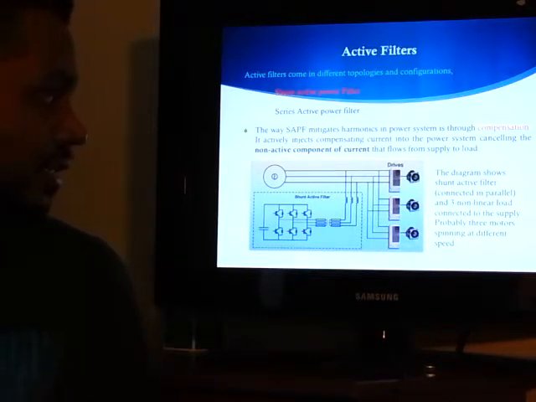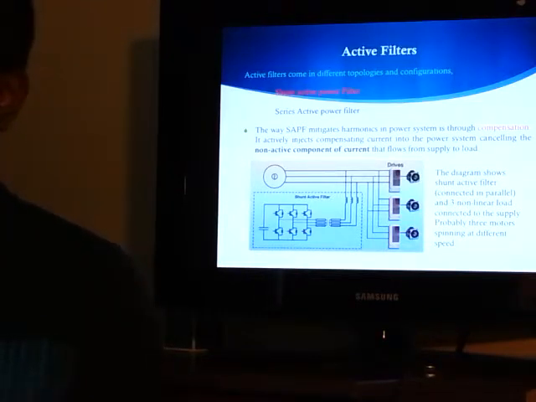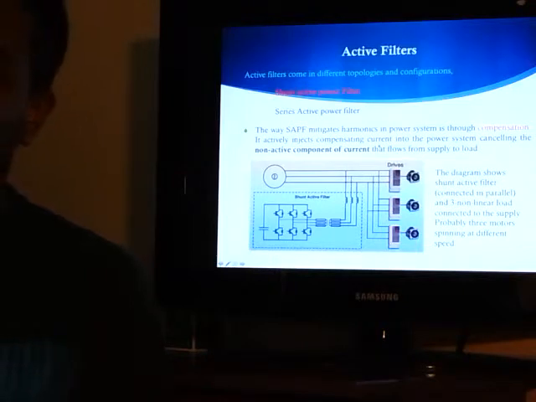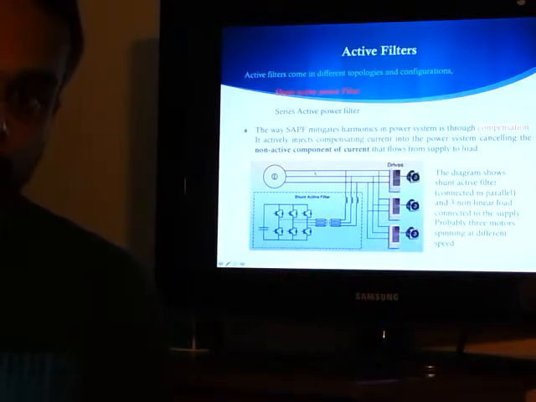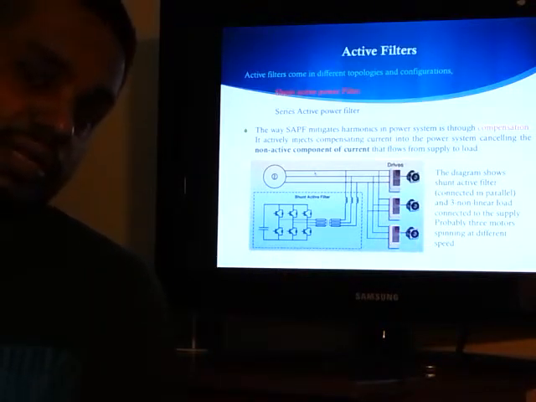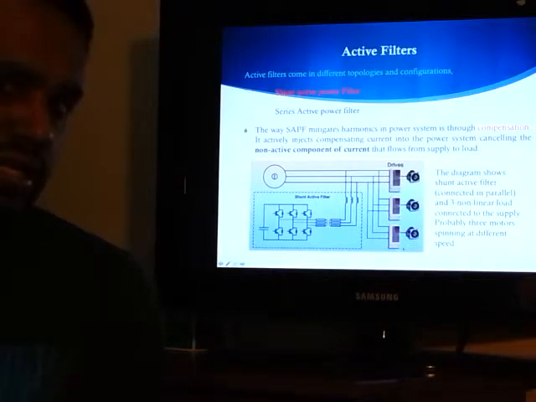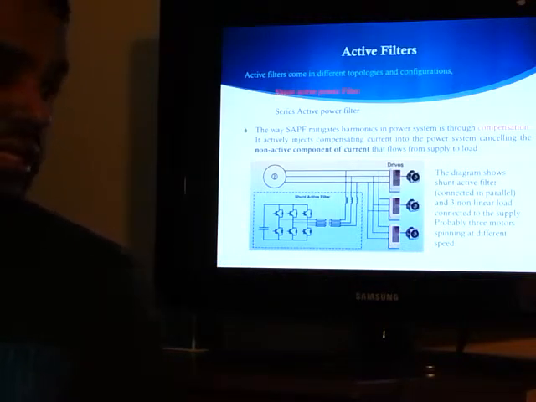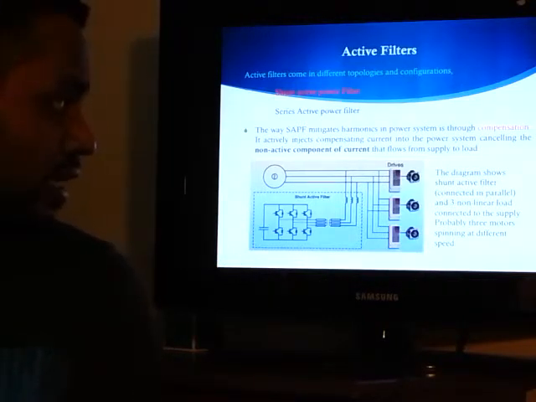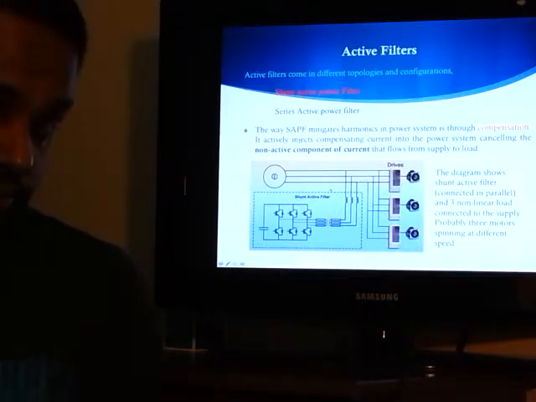Here we can see a diagram which shows the shunt active filter, the one connected in parallel with the load. We can assume these loads are motors fed from the supply, and obviously they are non-linear loads, so the current that flows is heavily distorted.